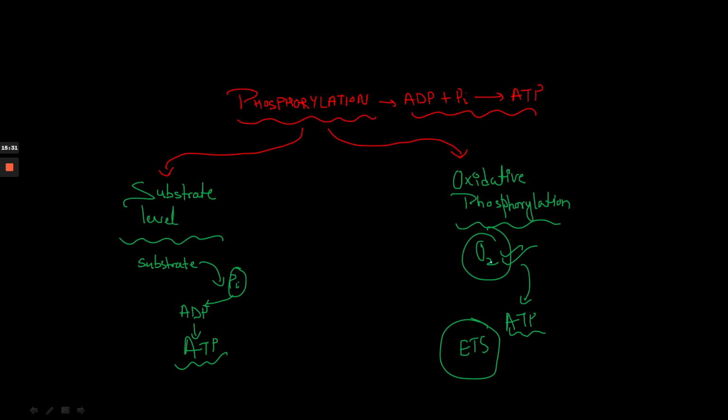It is a metabolic pathway in which cells use enzymes to oxidize nutrients, and ultimately the energy is being produced in the form of ATP. So you need to keep it in your mind because we are going to utilize both types in upcoming processes, the substrate level phosphorylation as well as oxidative phosphorylation.